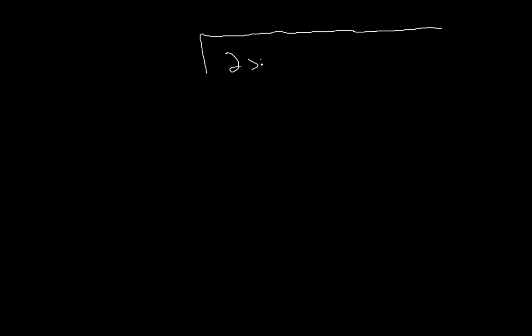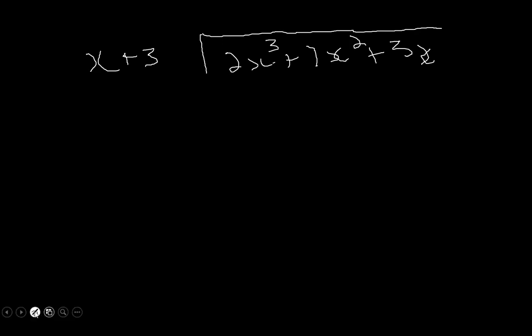So this is my polynomial expression, plus 7x squared plus 3x. And we now know that our factor is x plus 3. So we're doing long division like we were doing before.